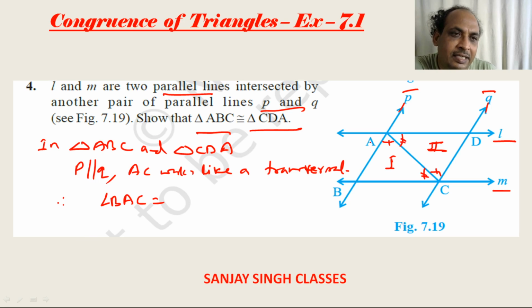And the side AC is common. So it will form the ASA rule. Angle BAC is equal to angle DCA. Again, alternate interior angles.